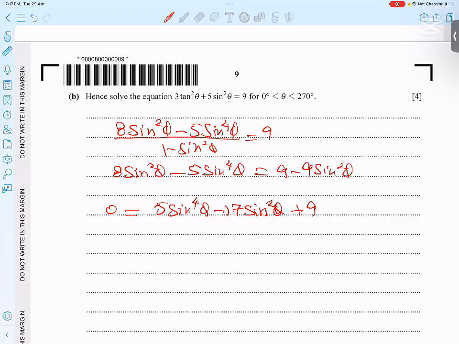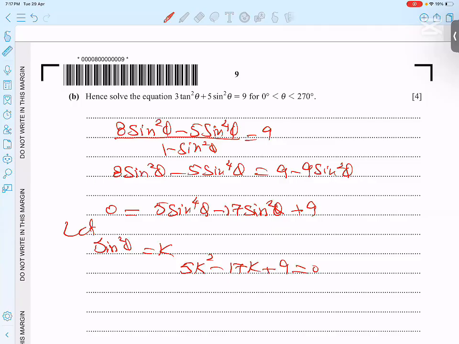Now, students, I can say here, let sine square theta equal any variable I can assume. So I can assume here k. So sine square theta equals k. So this becomes 5k squared minus 17k plus 9 equals 0. So 9 5s are 45.